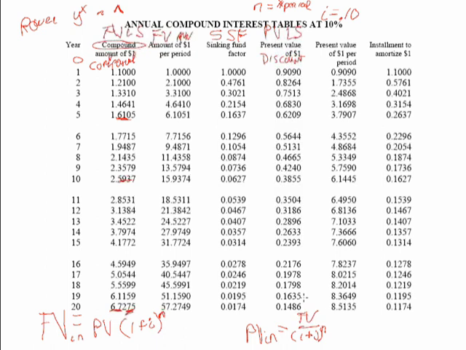And basically, again, this is simply what this table is. Someone sat down, and for a 10% interest rate, they calculated the present value factors for each period over a 20-year period.